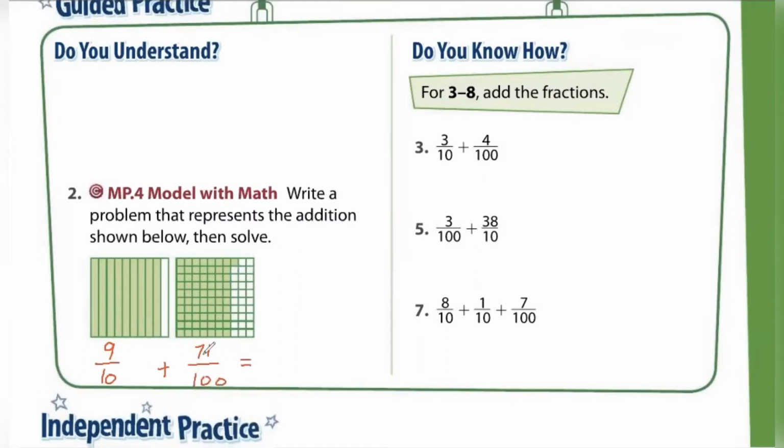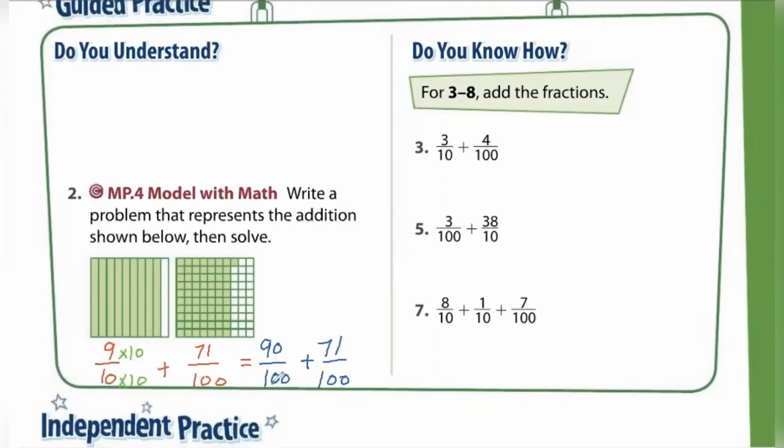To add two fractions, we must have like denominators. So I will multiply up and down by 10 by using equivalent fractions. 9 times 10 equals 90 out of 10 times 10 equals 100, plus 71 out of 100.